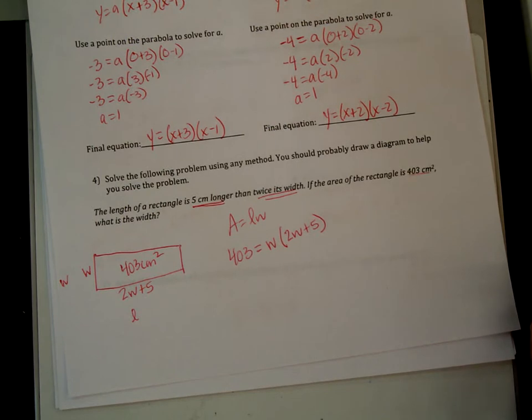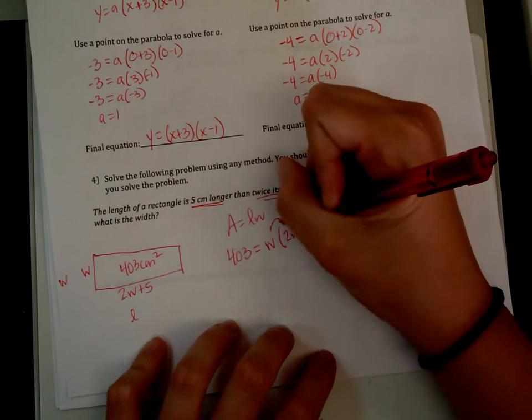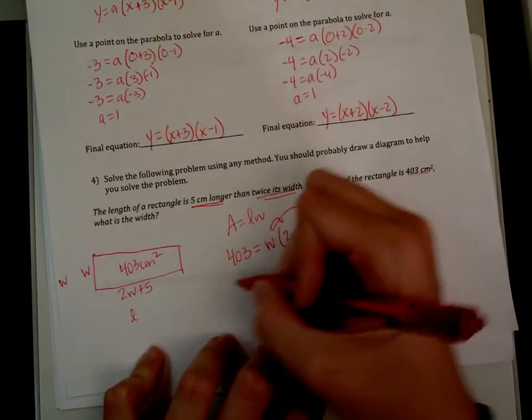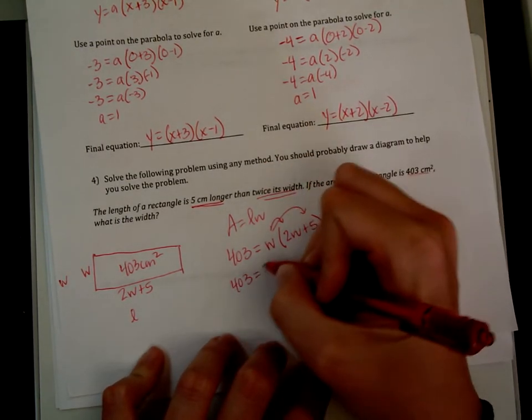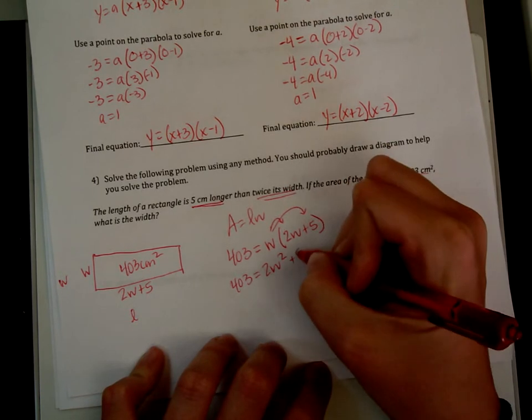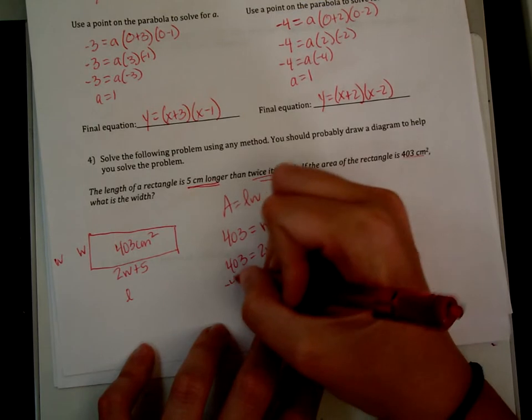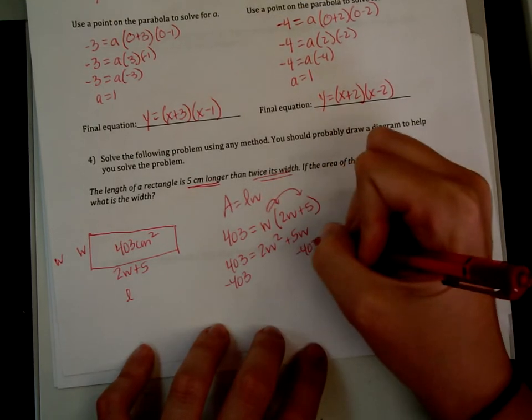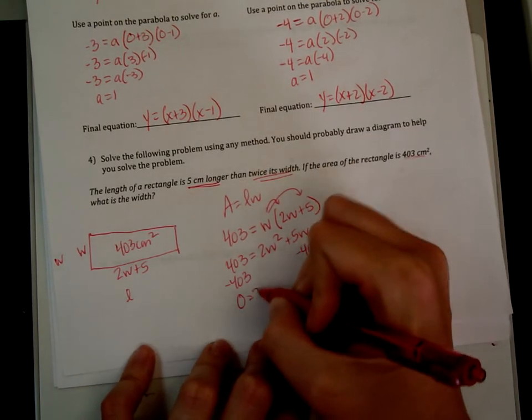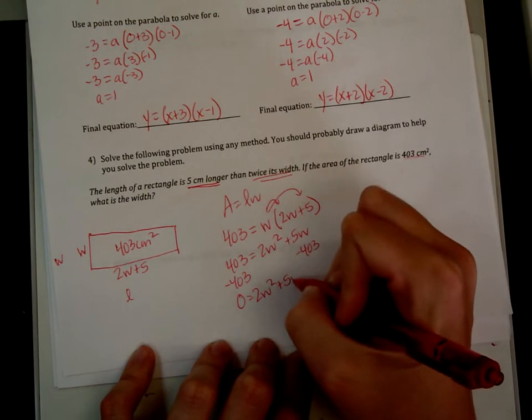So this is a quadratic equation. So in order to solve it, first I'm going to distribute the W here. So I get 403 equals 2W squared plus 5W. Now I need to make it equal to 0. So subtract 403. So I get 0 equals 2W squared plus 5W minus 403.